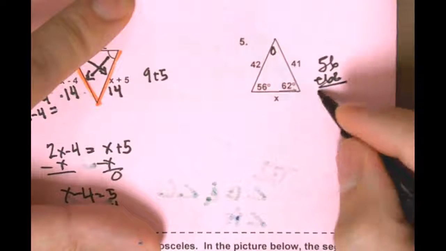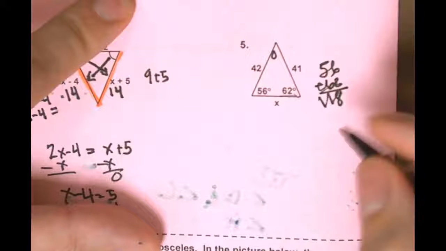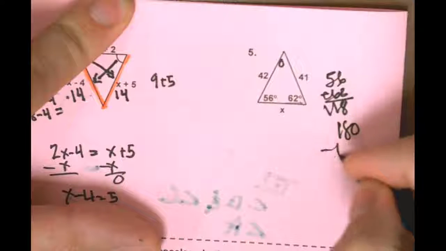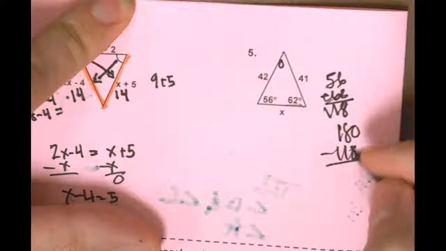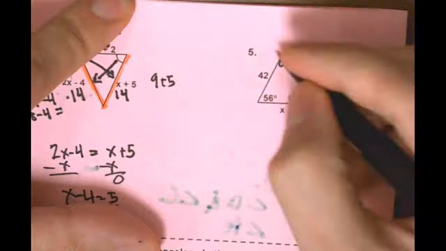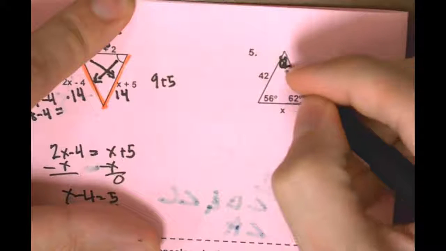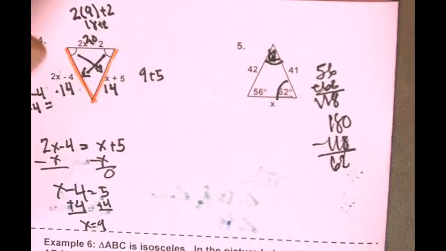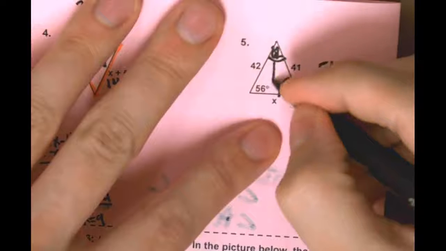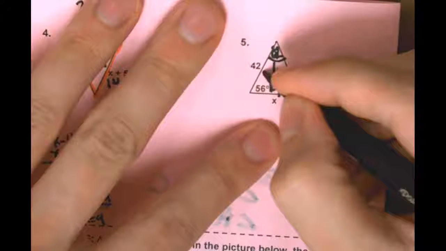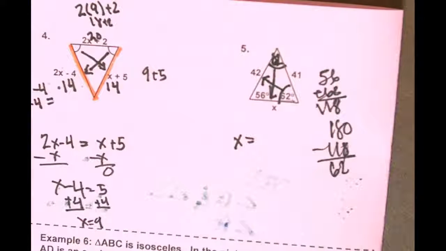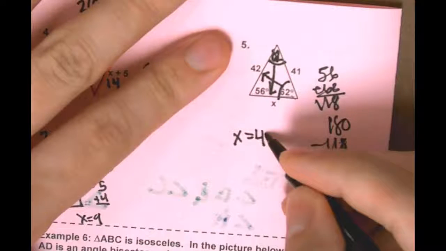That's going to be 118. And subtract it from how many? So 180 minus 118 is going to be 62. So if this is 62, that means this is a base angle and that's a base angle. So our two legs are here and here. What does x have to be equal to? Has to be equal to 42.